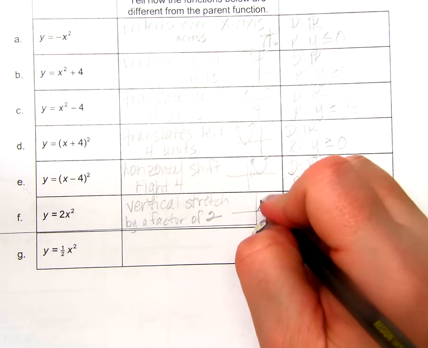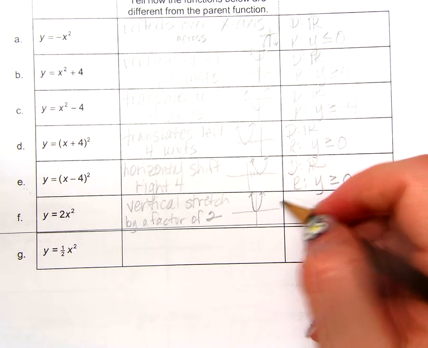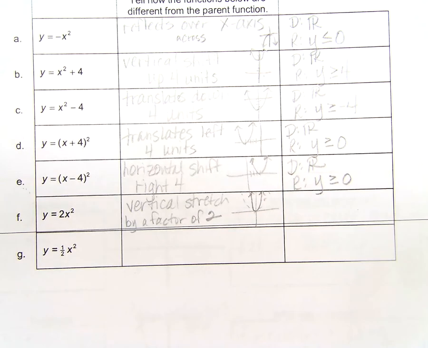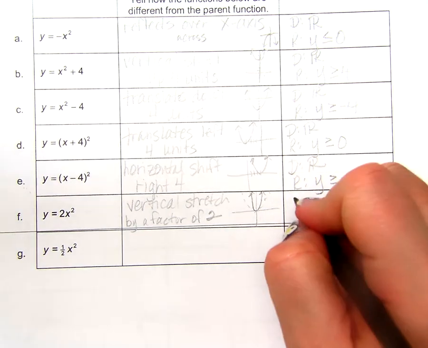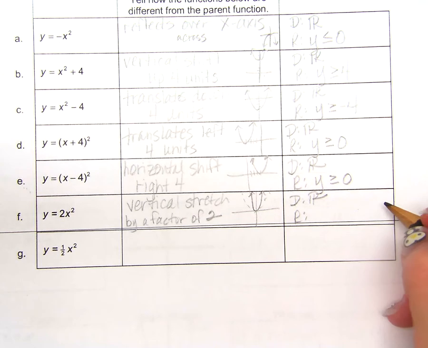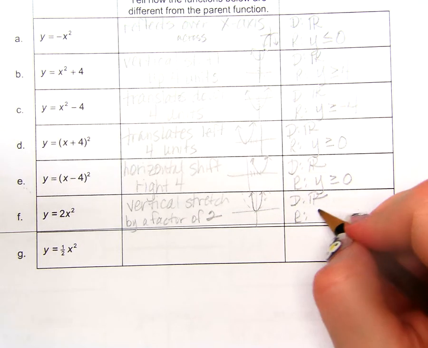So it went like really steep, right? Instead of like here, it's steeper. So what's my domain? All real numbers. What's my range? Perfect.